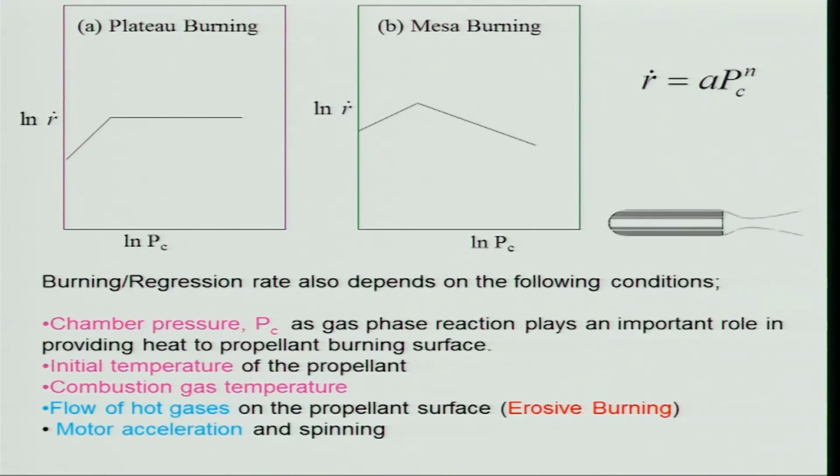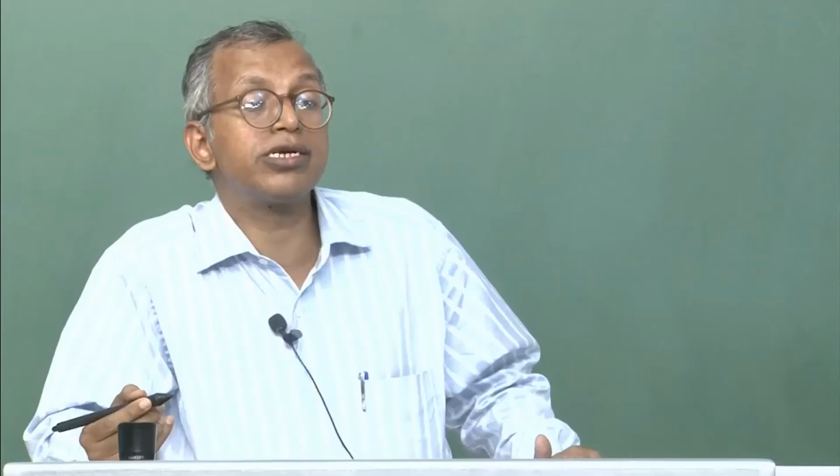Suppose the propellant is burning and then the gases will come and be moving at certain velocities, and because it is moving, some convective heat transfer will be taking place, and that will affect the regression rate.